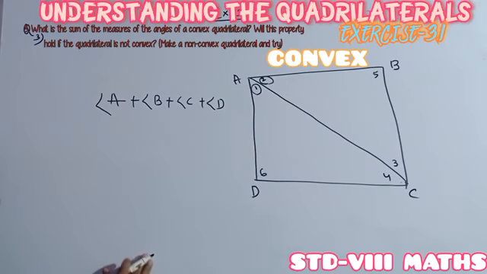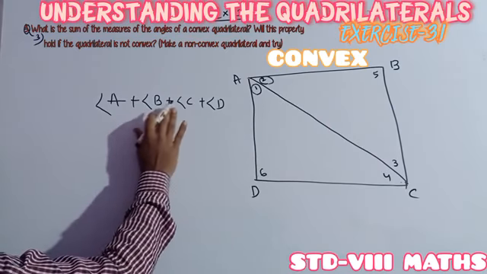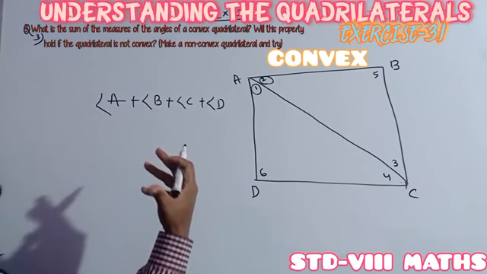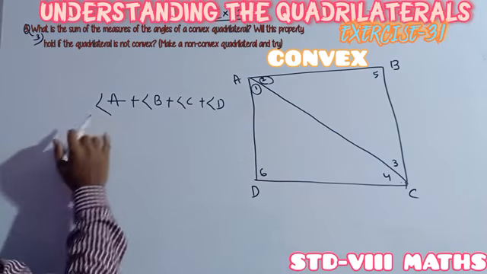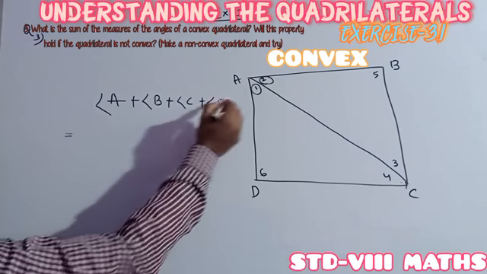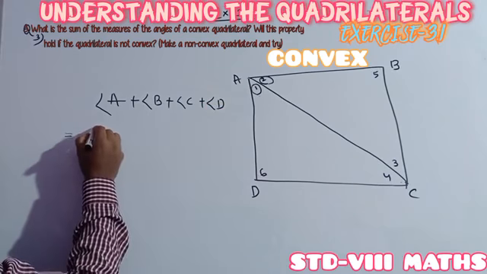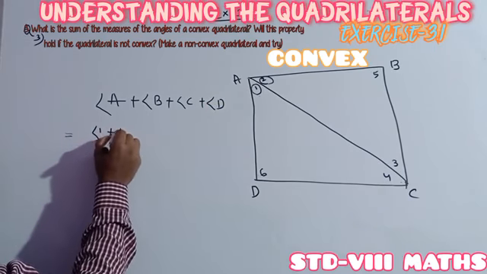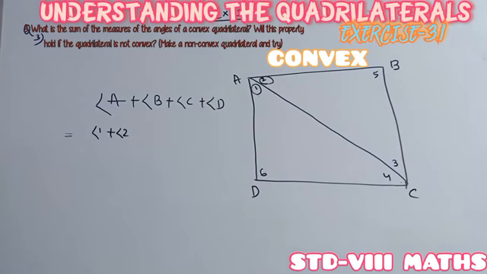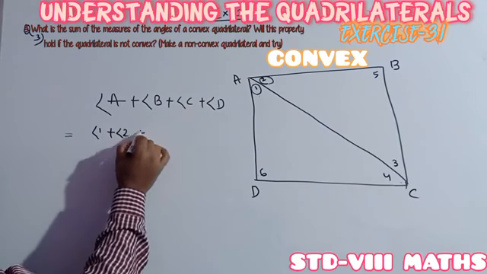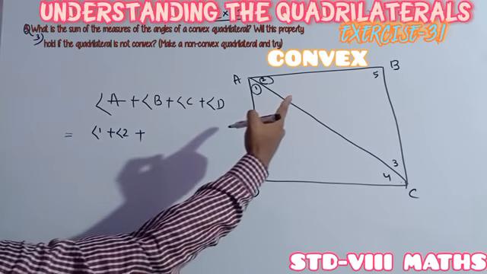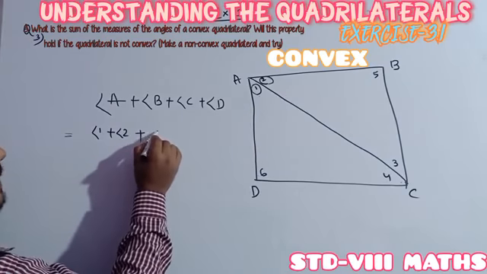So angle A plus angle B plus angle C plus angle D is equal to how much? In place of angle A, I can write the sum of angle 1 and angle 2. Where it is angle B, there it is angle 5.